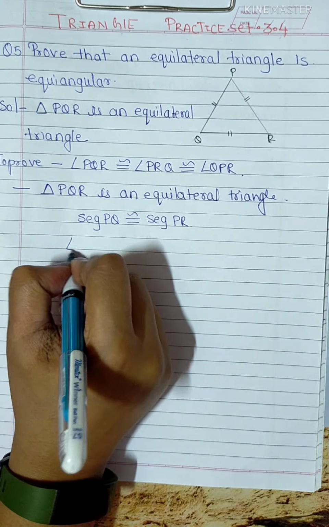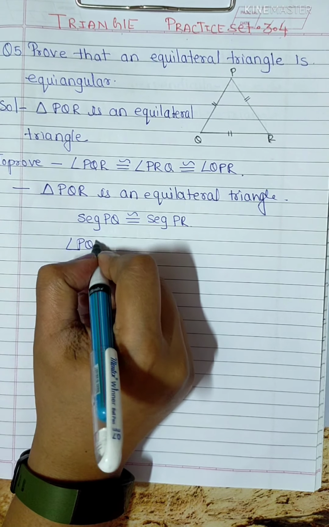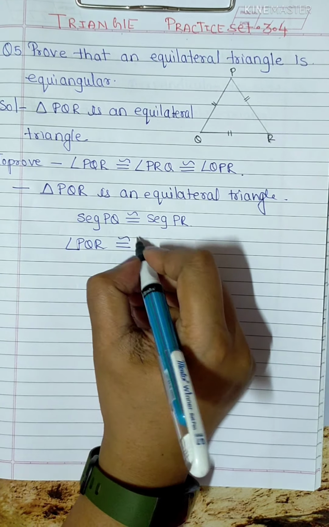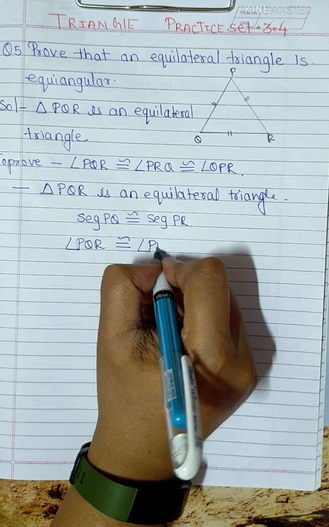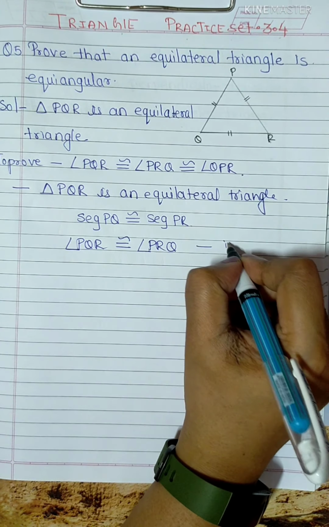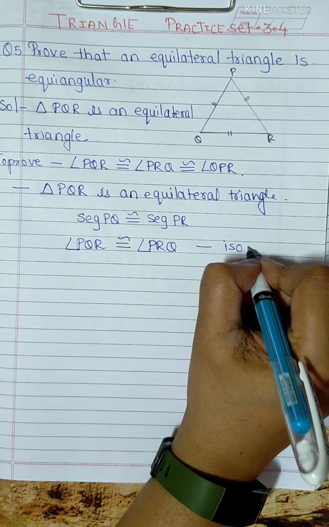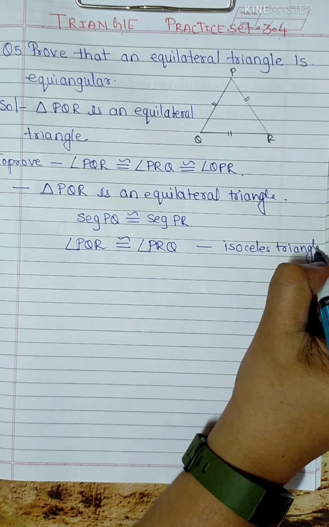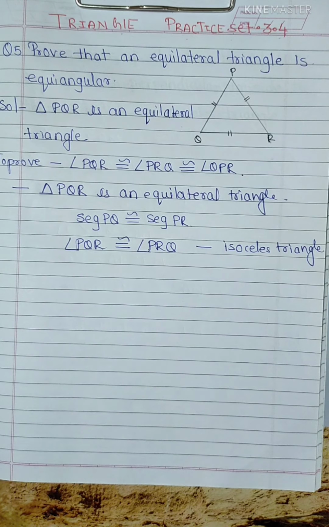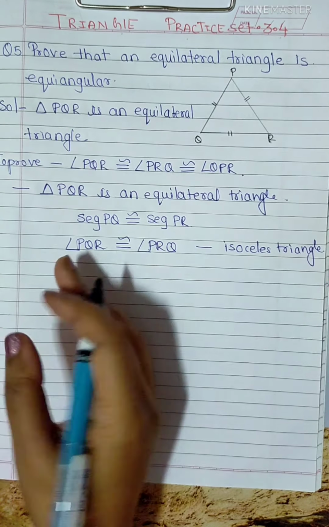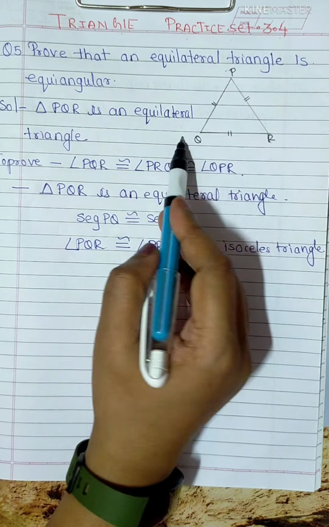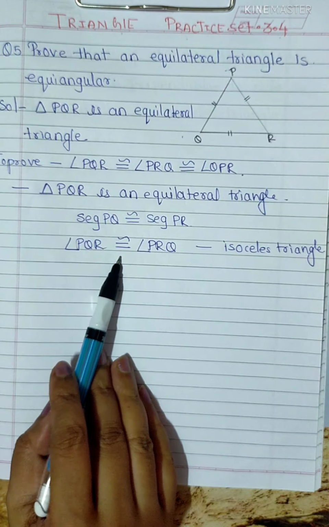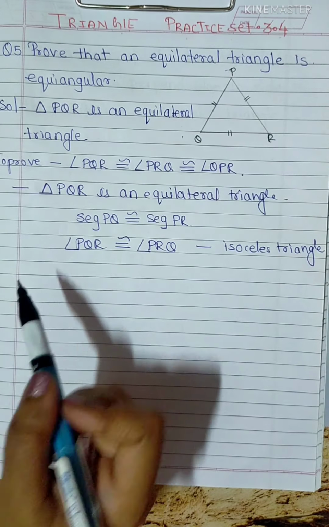So therefore we'll write angle PQR is congruent to angle PRQ. Reason will be isosceles triangle. Even you can write angle opposite to equal sides.